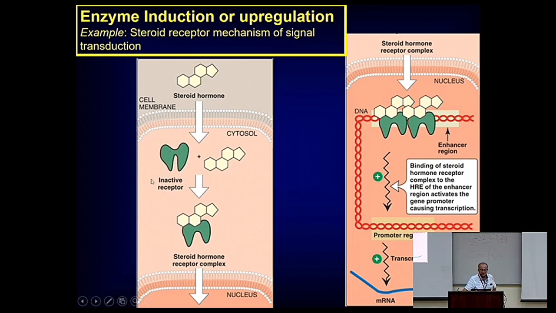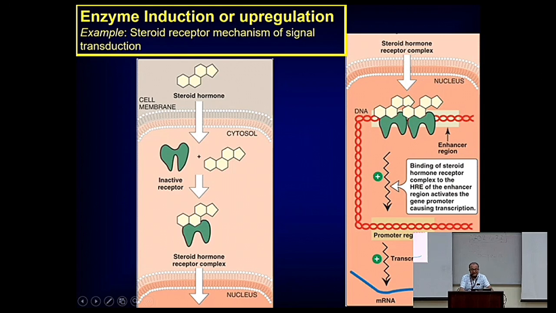The receptor is protein in nature. Small protein receptor. So you have hormone and receptor come together. This is the active complex of steroid hormone and its receptor. The complex now can translocate into the nucleus, cross the nuclear membrane.